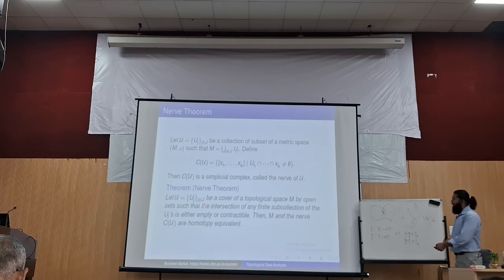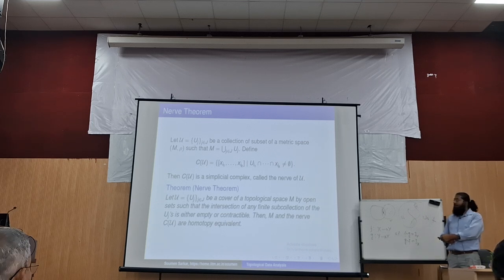Is it okay? So this is important. From the data we get a simplicial complex and we can say what we can do with that. So this is an important theorem in topological analysis.